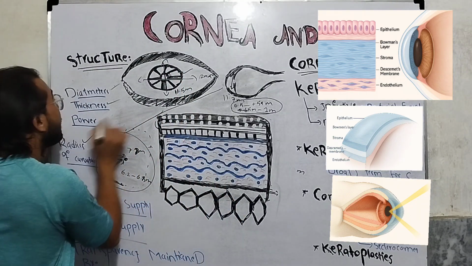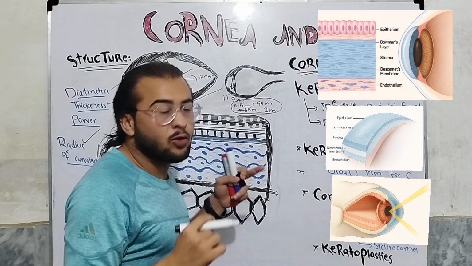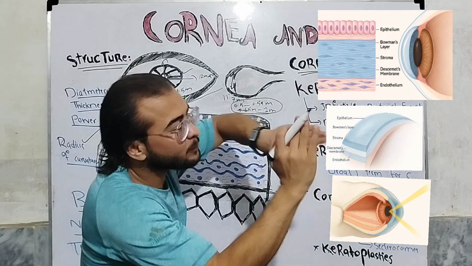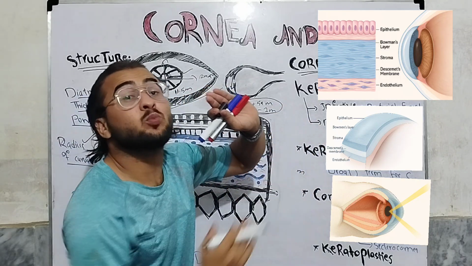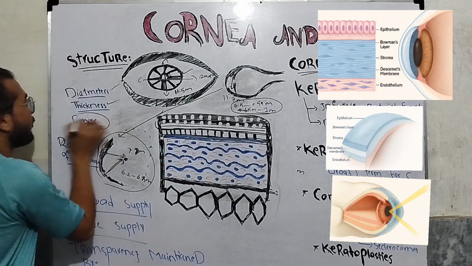Now we know that the cornea is a powerful natural lens. It is convex in its anterior surface and concave in its posterior surface, so it will have power.